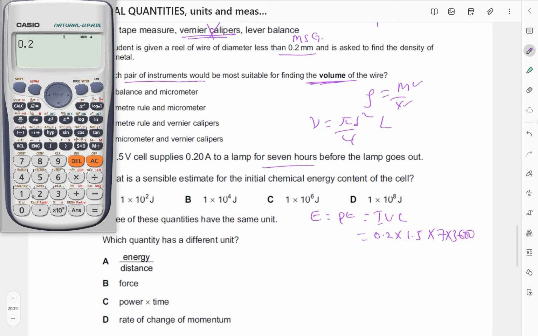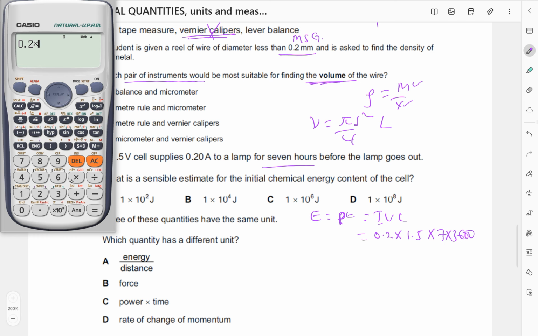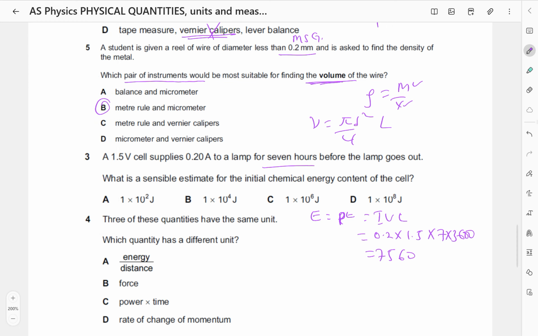So 0.2 times 1.5 times 7 times 3600. So this gives us 7560 joules. So it means this is out. This is approximately 10,000, I think. So the answer is going to be B.